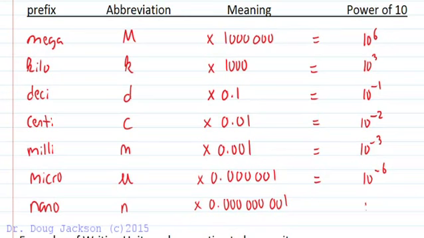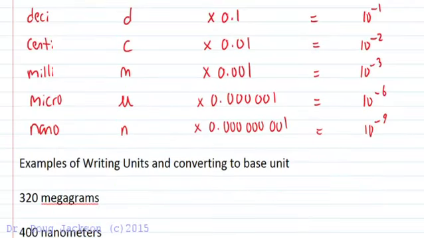Nano, 10 to the minus 9, 8 zeros and then a 1. So multiply by that factor when you're using each of these prefixes. Okay, so the prefix and the meaning are interchangeable with one another as far as converting from one unit to the base unit. So let's look at this.